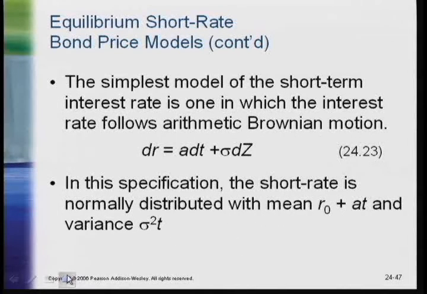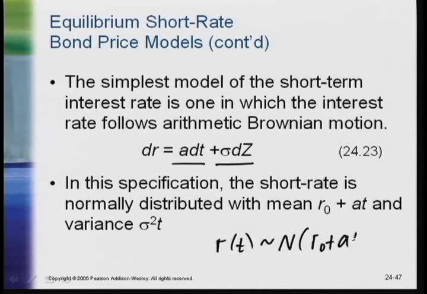The simplest model, before we turn to those three, would be just arithmetic Brownian motion, whereby we simply say dr has a drift of A and a certain volatility. This is a somewhat naive process for interest rates because it's predictable that with this process the interest rate at time t will be normally distributed with a mean of r0 plus At and a variance of sigma squared t.